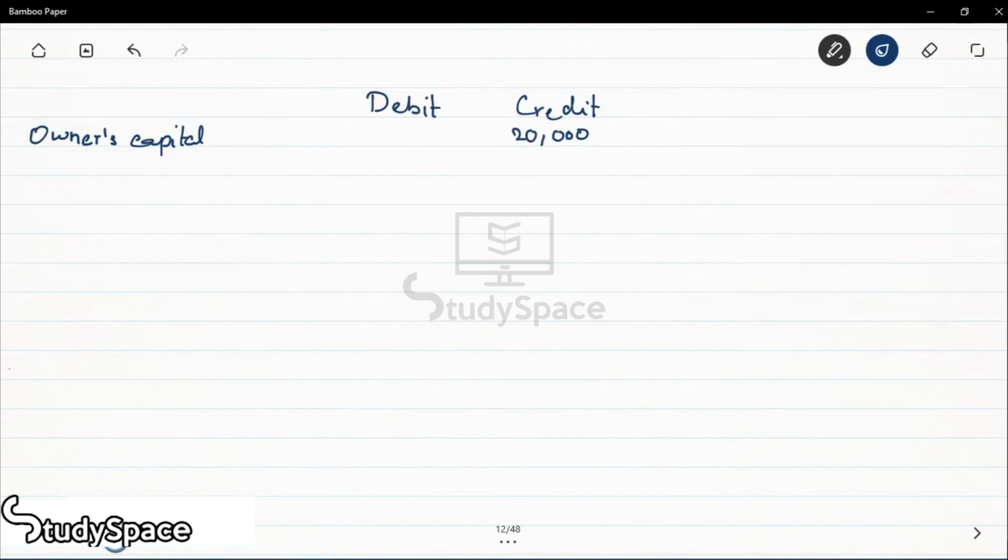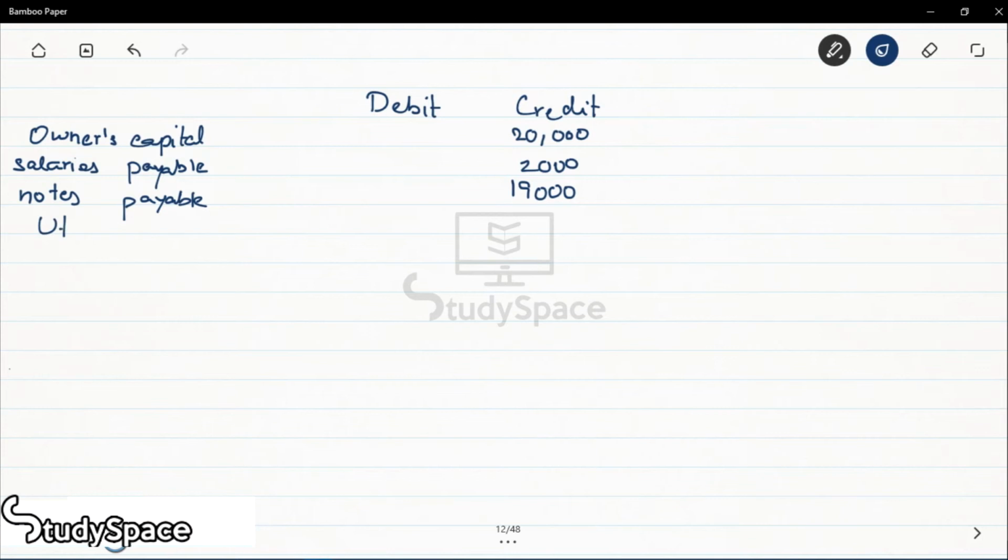Now we have salaries and wages payable. This is also positive. I'm just going to write salaries payable, and we're going to have this as credit for 2,000 here. Then we have notes payable, again a liability that is positive, so we're going to have 19,000 here.